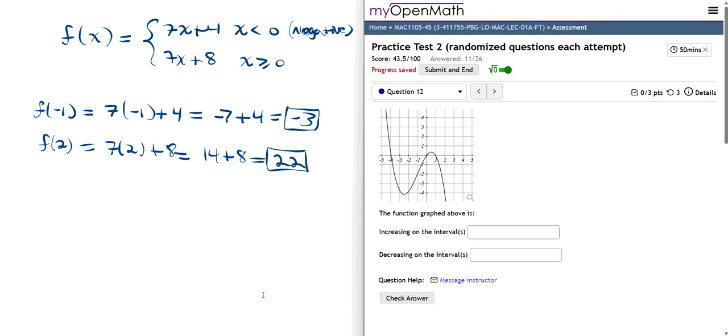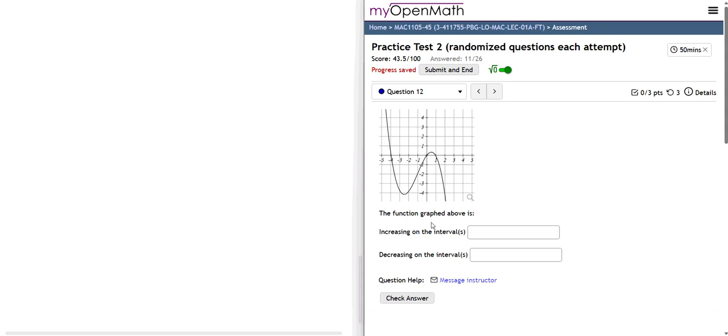All right, next question. This function graphed above is, and then it wants the intervals of increasing and decreasing behavior. Well, reading it from left to right, I see that it is decreasing from the left to the right up until where this point is. And this point appears to be right between negative 3 and negative 2 on the x-axis.